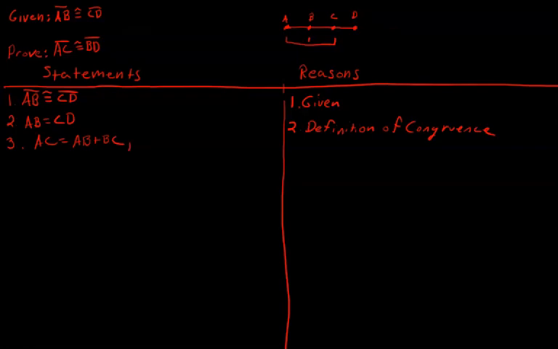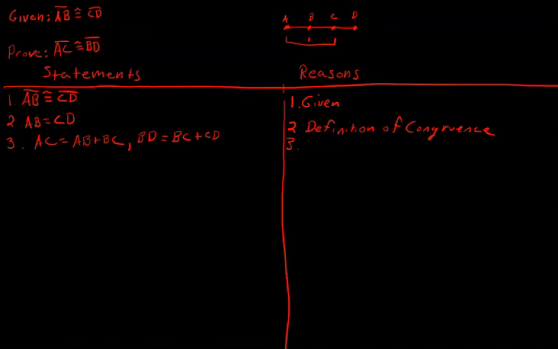Hopefully you can kind of see another thing then. We need a statement about BD as well, and hopefully you can see the same kind of thing happening here, right? So we have C as a point on BD, so BC plus CD.